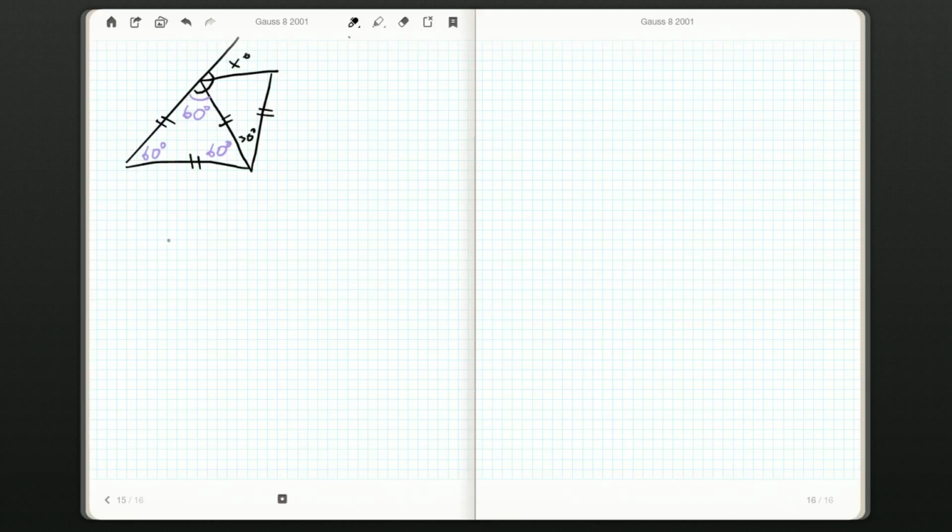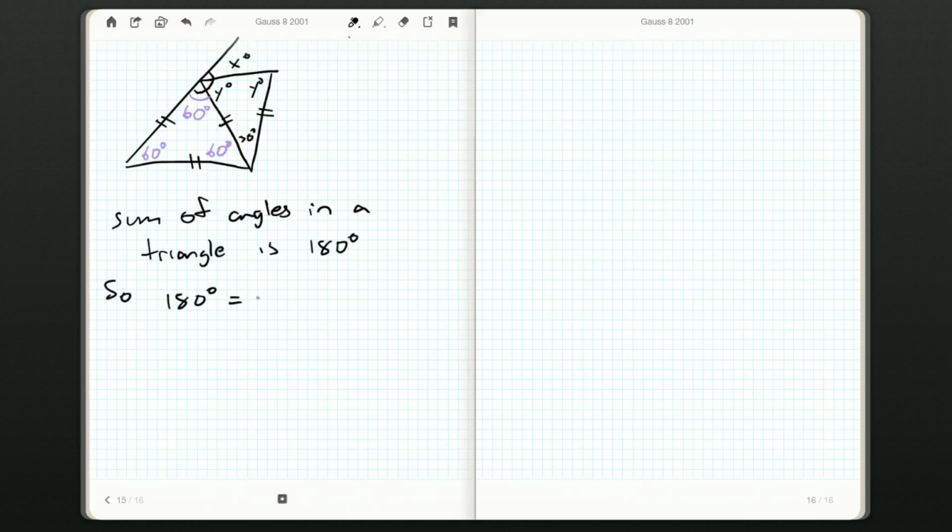So, in my isosceles triangle, I know that both of these are, we'll call it y degrees, because they're isosceles. The sum of the angles in any triangle is also 180 degrees.